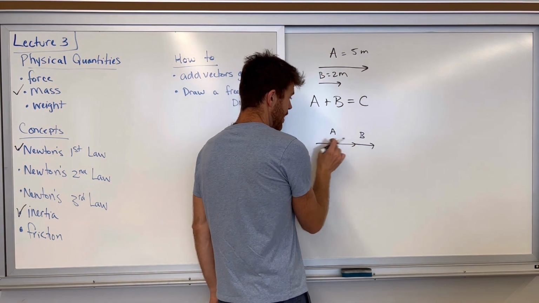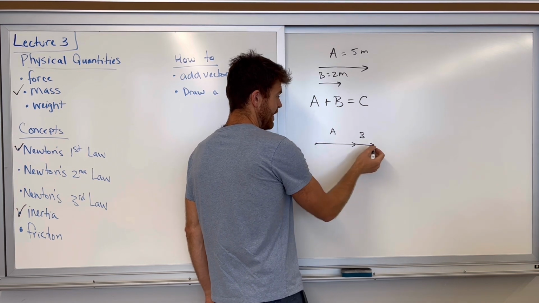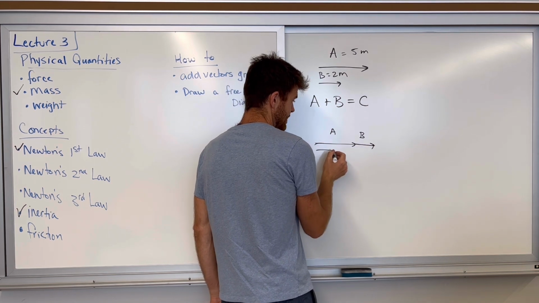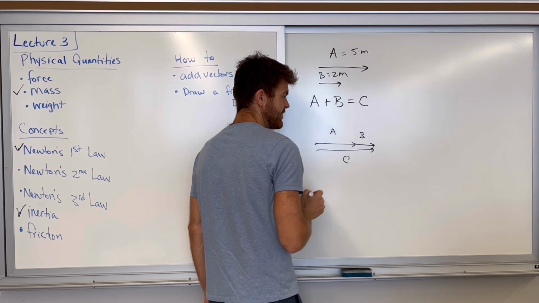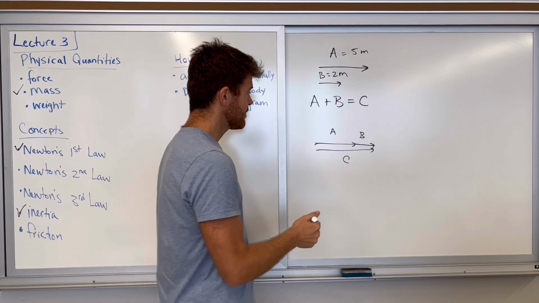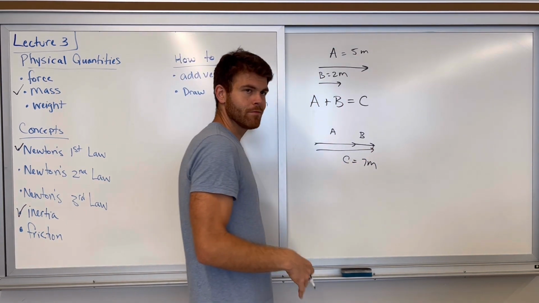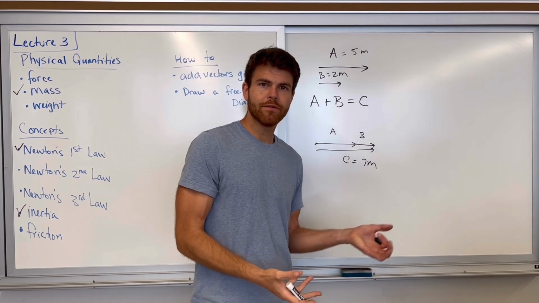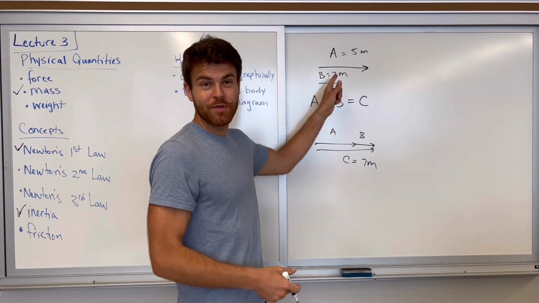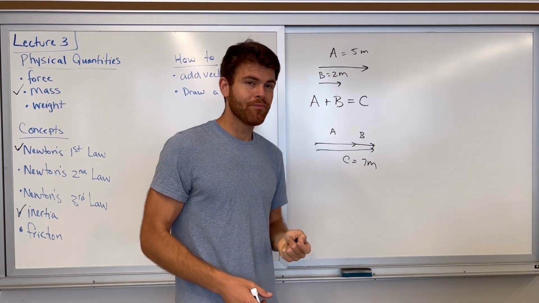And starting from the tail of A to the tip of B, that is vector C, the sum. Vector C in this case would be 7 meters in that direction. Well, that's just 5 plus 2, right? I thought you said you just can't add them like that. This is a special case where the vectors are pointing in the same direction.